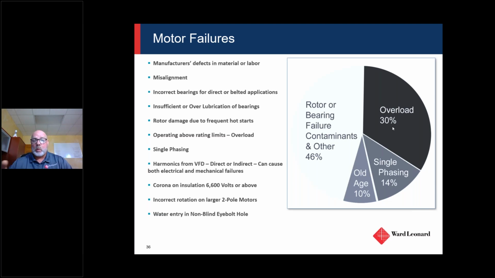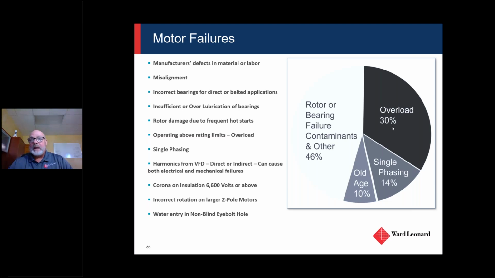Overloaded conditions can affect the winding. If you overload the motor, run it past the service factor, or run it in a high heat ambient condition that the motor's not rated for because it doesn't have the insulation rating, you'll start to see the insulation decay and degrade over time, and then that's where you'll see failure.